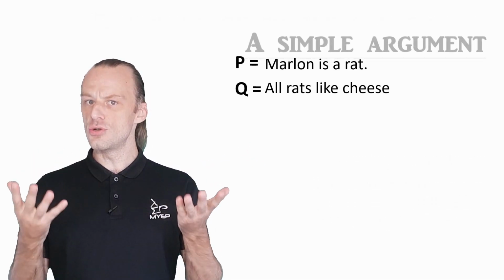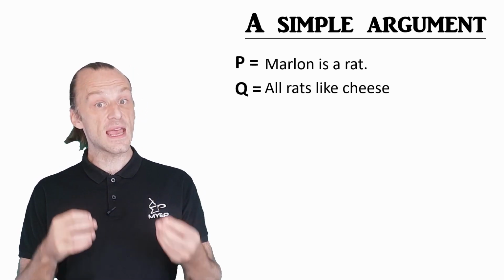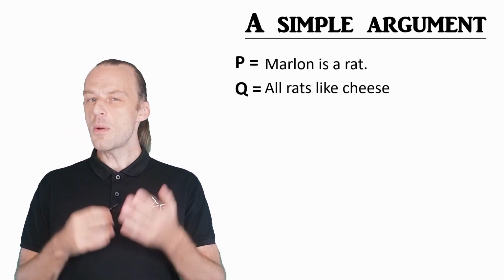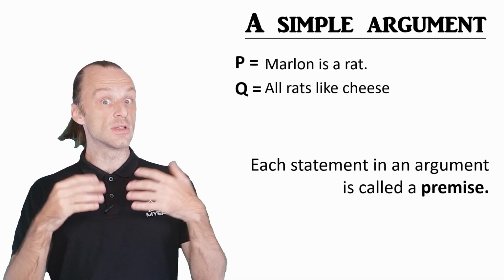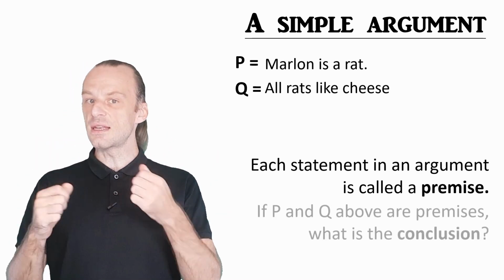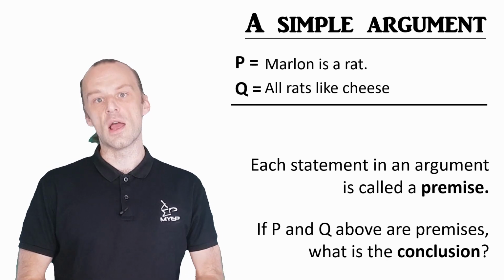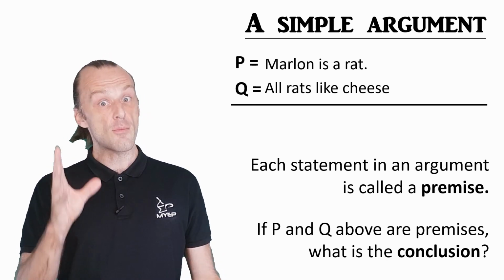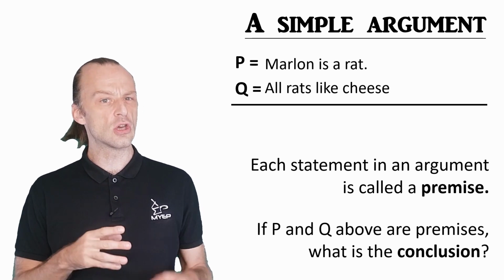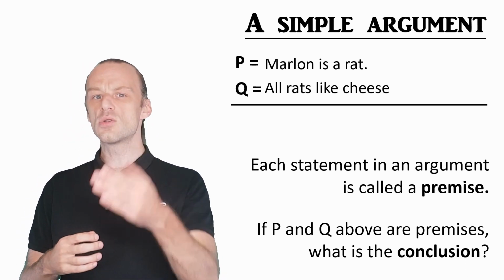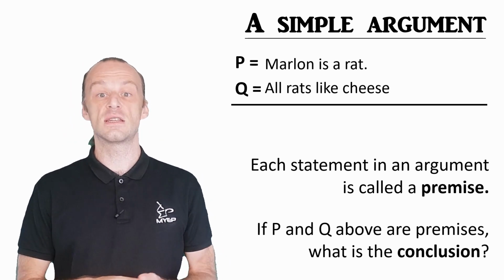Now that we have two simple statements, we can make a simple argument. When we make an argument with statements, each statement is called a premise, and these lead to the conclusion of the argument. So if we have premises P and Q, like above, then what do you think the conclusion would be? Pause if you want to come up with your own attempt.